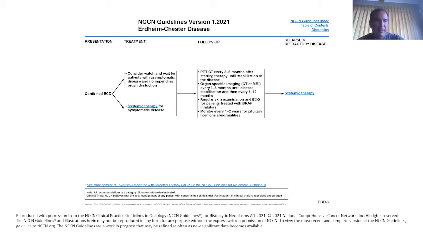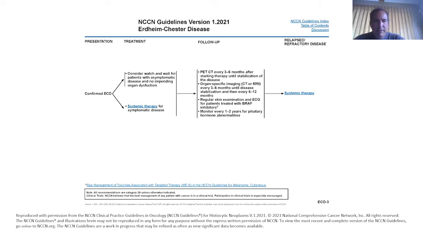And I think in that patient population, observation is certainly a reasonable option. For other patients who have involvement near the kidney or cardiac involvement or neurologic involvement, systemic therapy is certainly warranted to manage any complications of the disease or prevent complications in those critical organ systems.